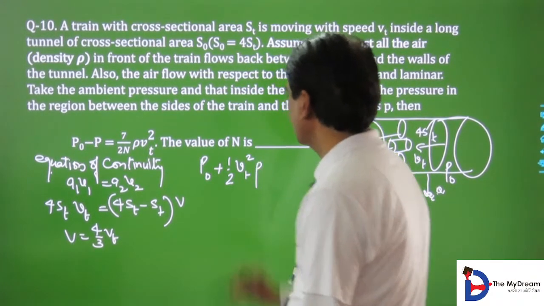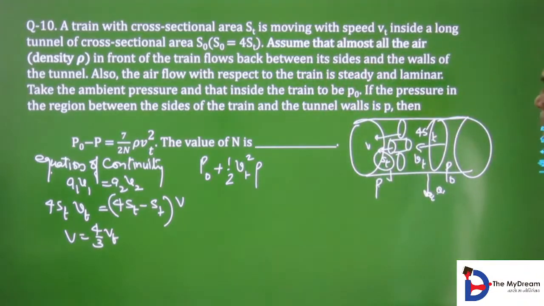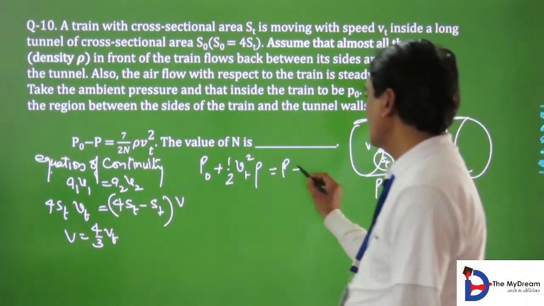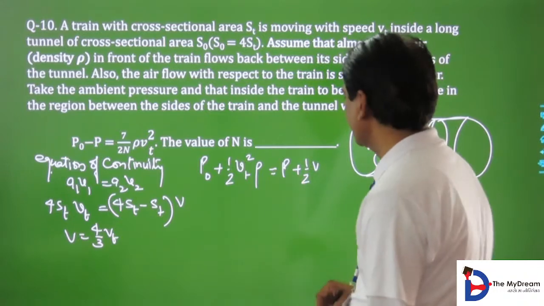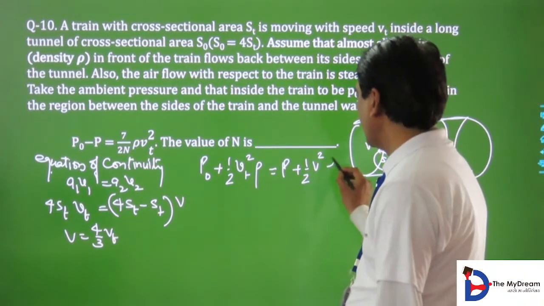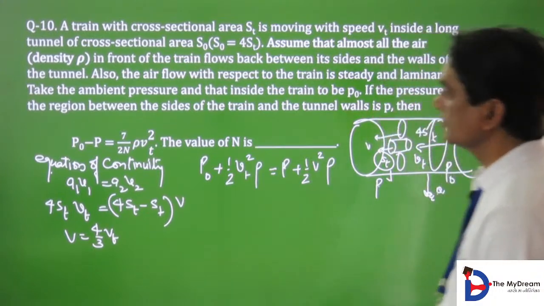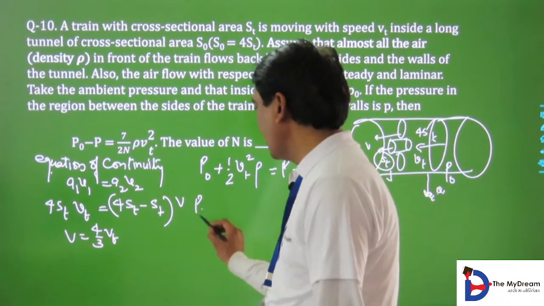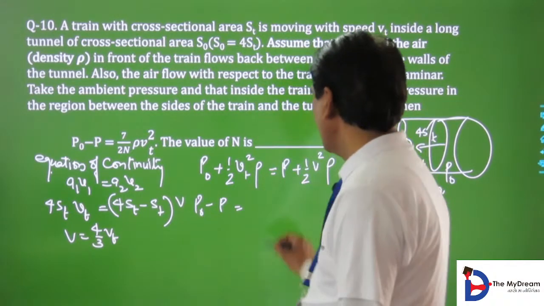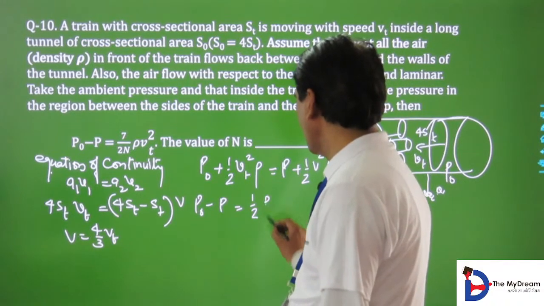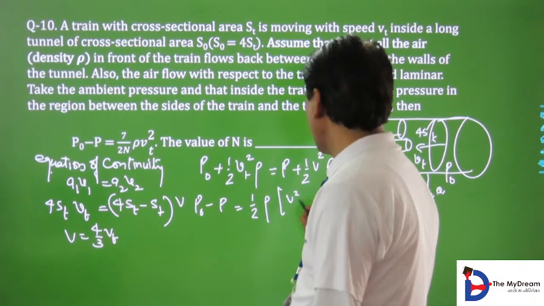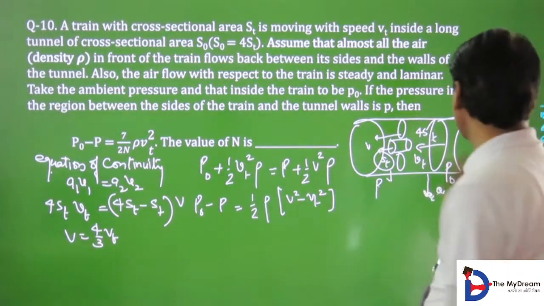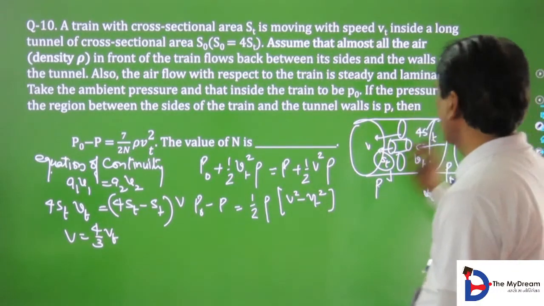P is the pressure here, the velocity is v, and the density is rho. So P naught minus P is equal to half rho times v square minus Vt square.